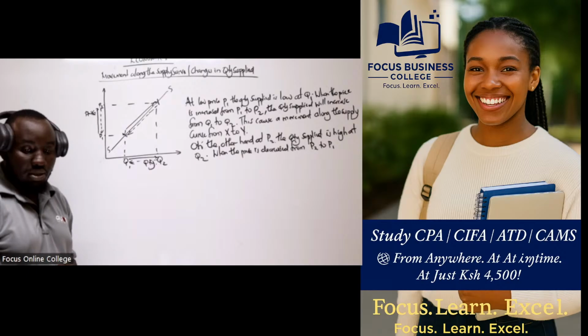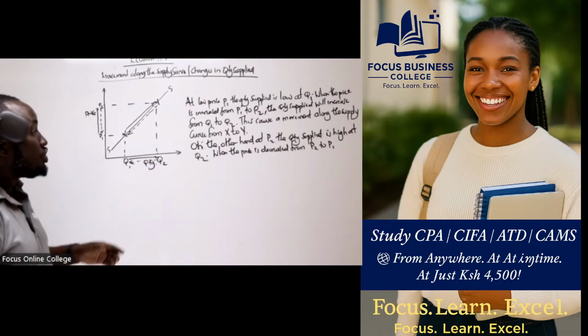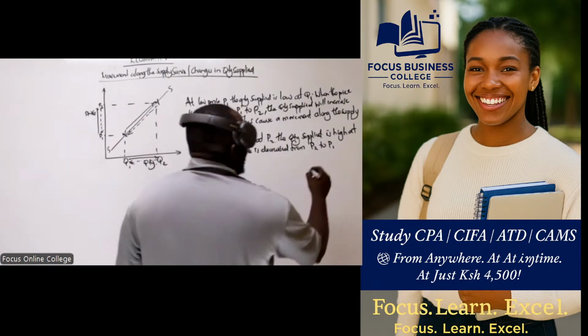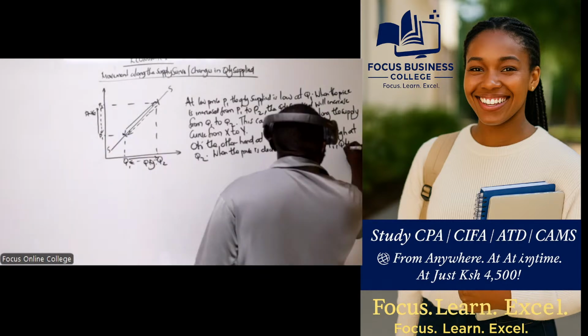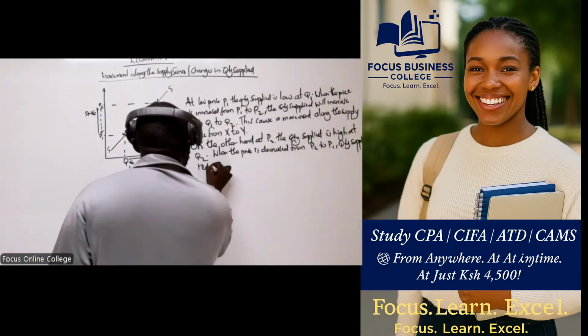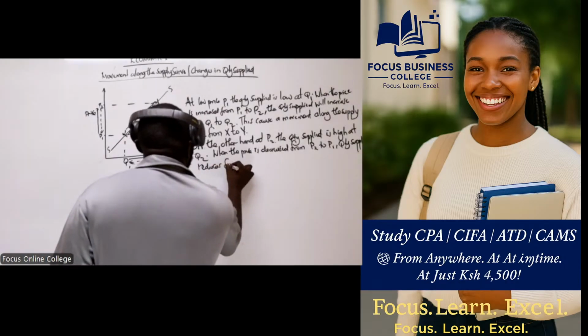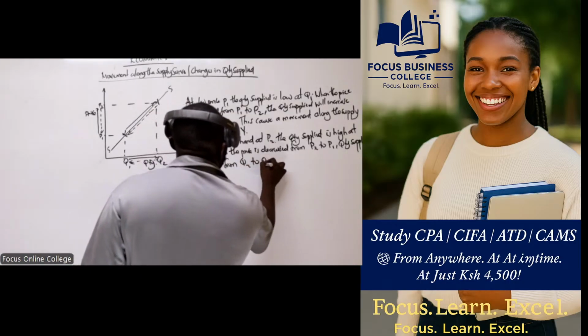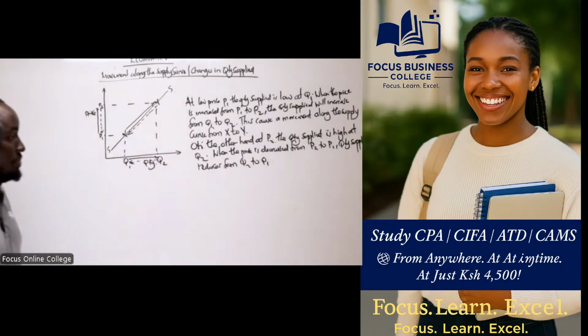The quantity supplied is going to be reduced. So when the price is decreased from P2 to P1, the quantity supplied reduces from Q2 to Q1.